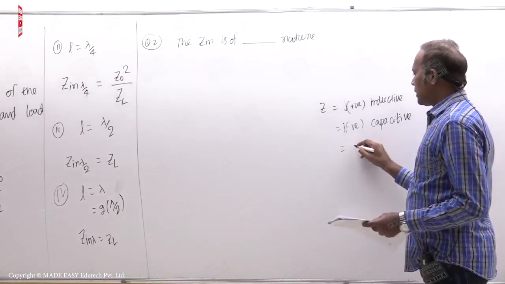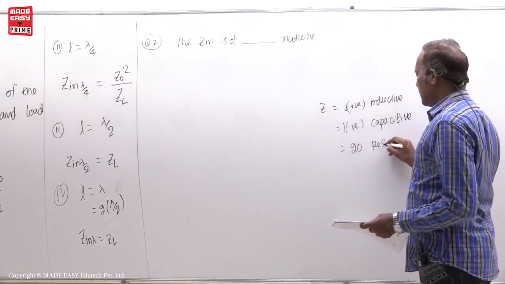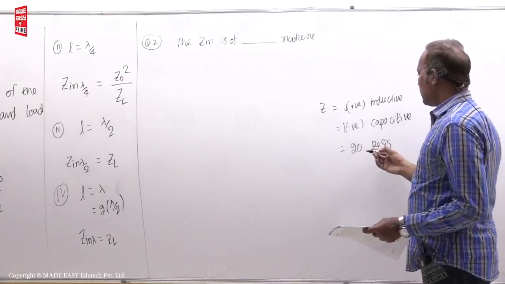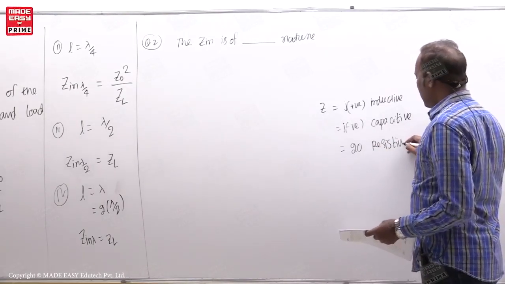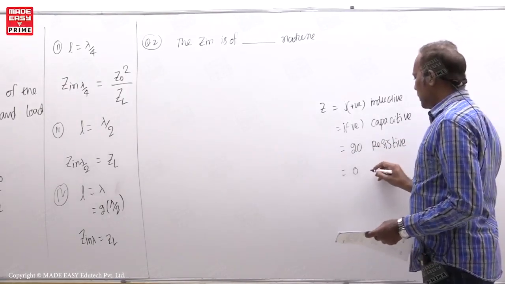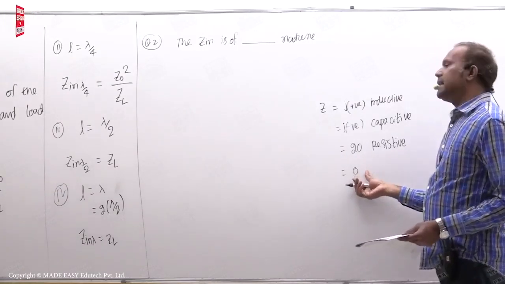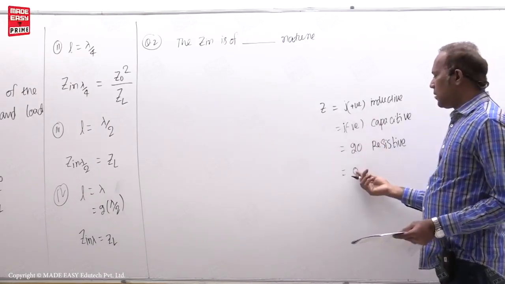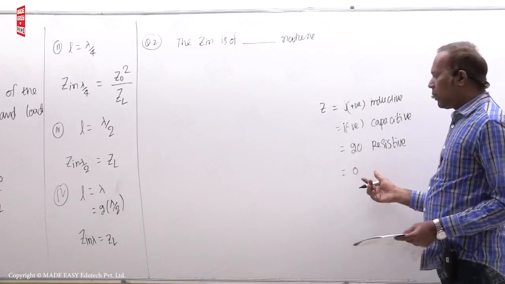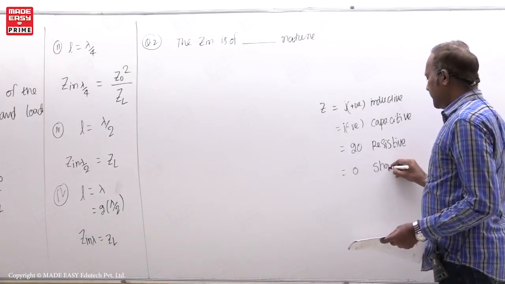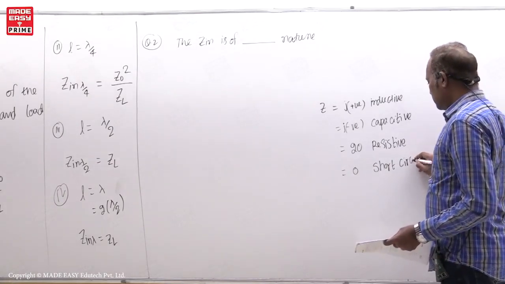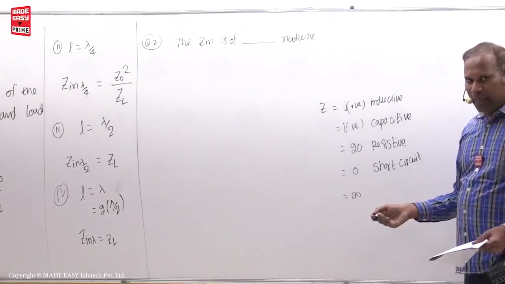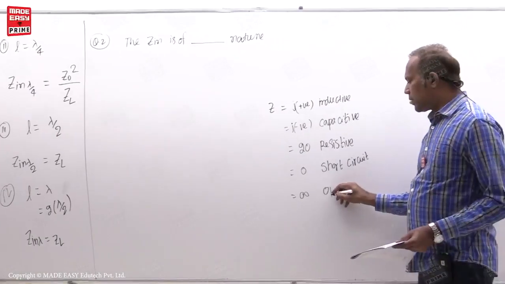For example, if you got some 20 like that, positive real, that is resistive nature. If you got 0, j0 or minus j0, then that is short circuit nature. If you got infinity, j infinity or minus j infinity, they are all open circuit nature.